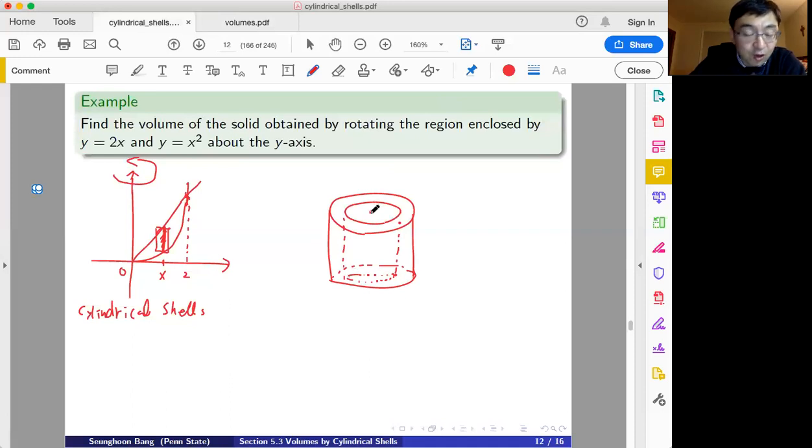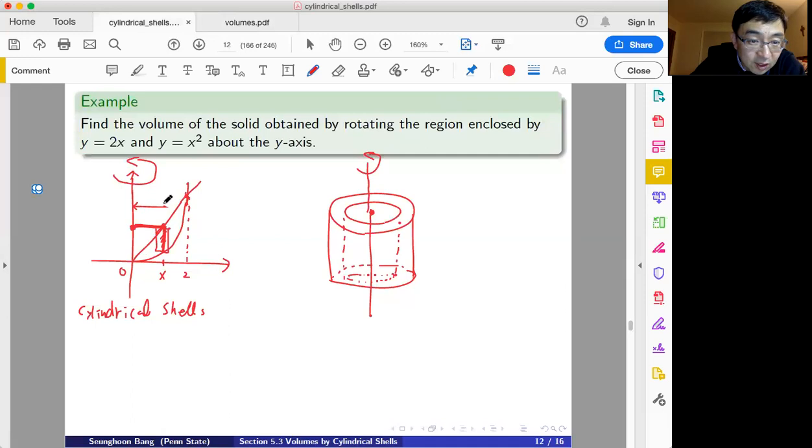You can choose the center, find the outer radius. So what's the center? The center is always the rotating axis, right here. You can connect to the midpoint of the rectangle. The midpoint of the rectangle is exactly x.